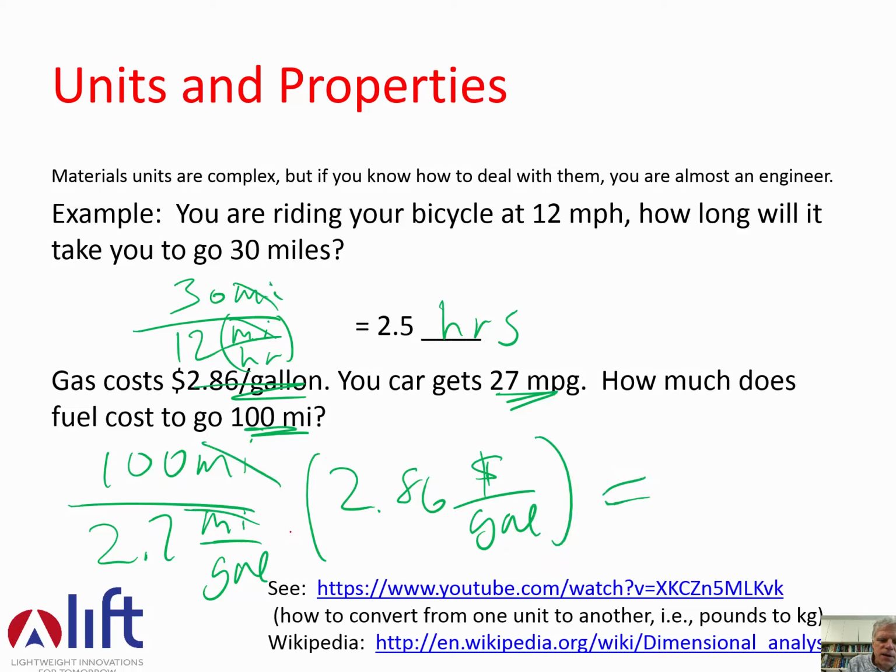Miles cancel there. I'll do it in a different color. Gallons cancel here. And again, this is on the denominator of the denominator, goes to the numerator, therefore it can cancel with that denominator. And when it's all done, you get in units of dollars, 10.59 is what it costs you.